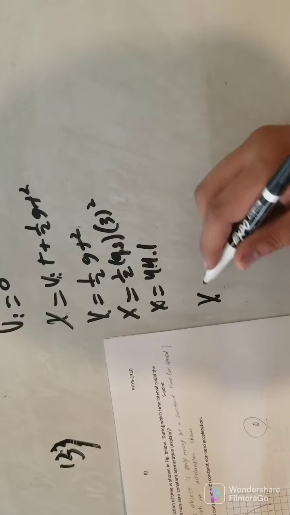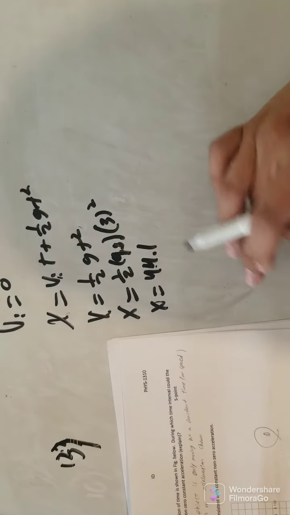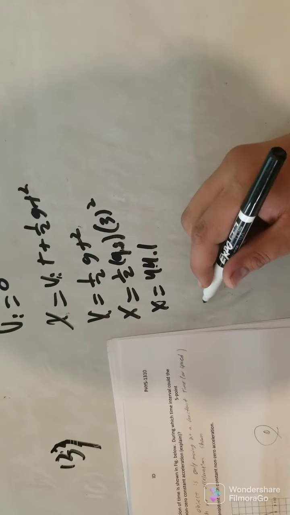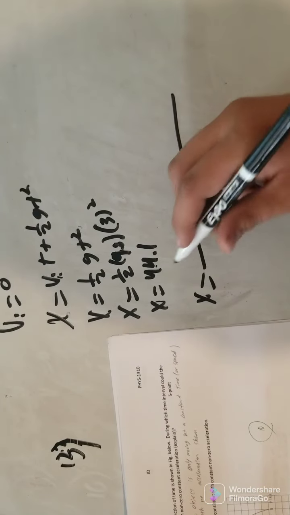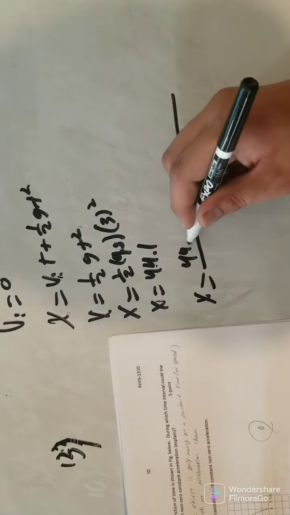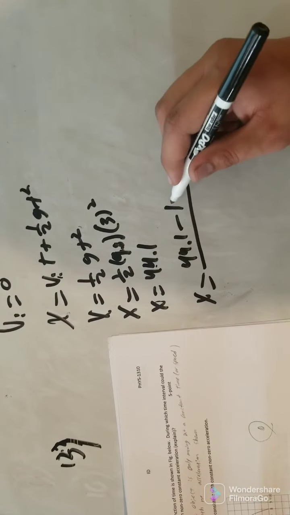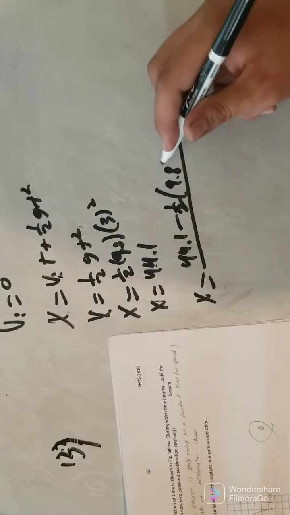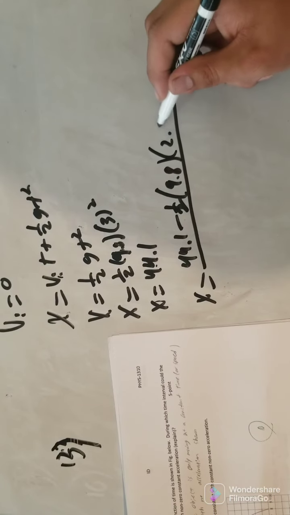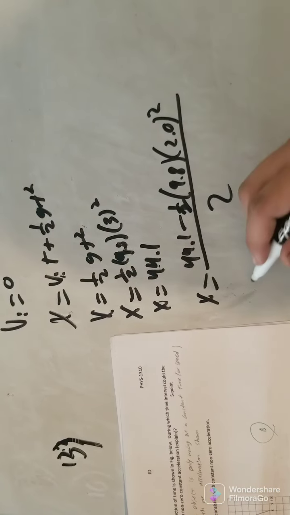So x, I'll just make it x, it's not quite right, but it's going to be 44.1 minus 1/2 times 9.8 times 2.0 squared, over 2.